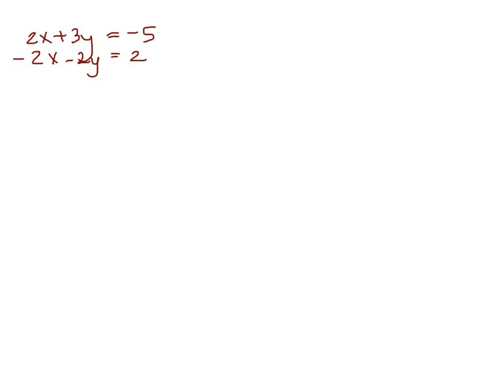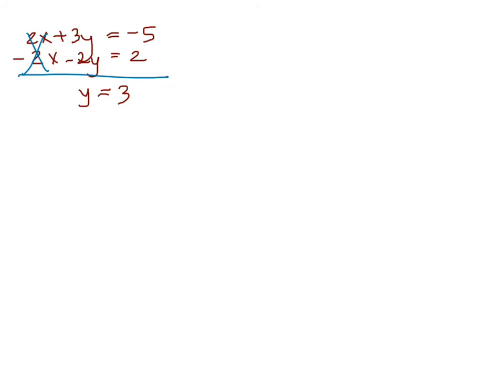Last time we eliminated y, but this time I see that I have a positive 2x and a negative 2x. Those are opposites. So we can go ahead and just cross those out and say that we are left with 3y minus 2y is 1y, or just y. Negative 5 plus 2 is 3.